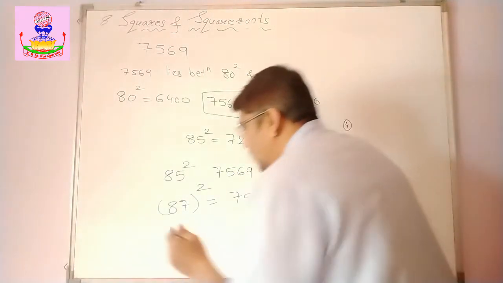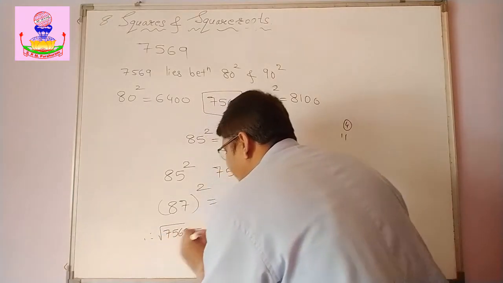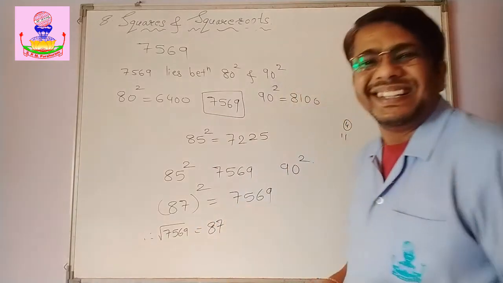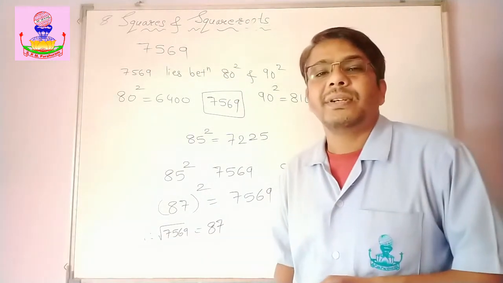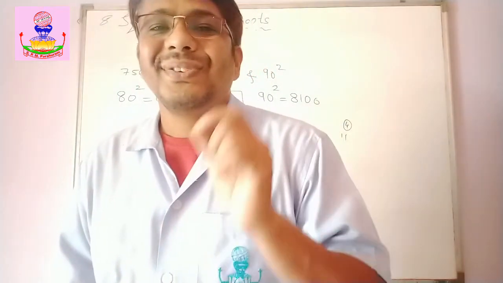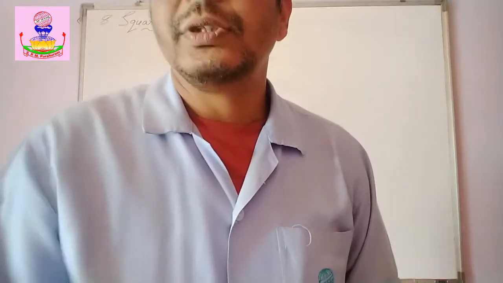So the answer is correct. Therefore, the square root of 7569 is equivalent to 87. So you can use this approximation method for solving the examples. I hope you have understood it. Okay, so let's move to the next part.